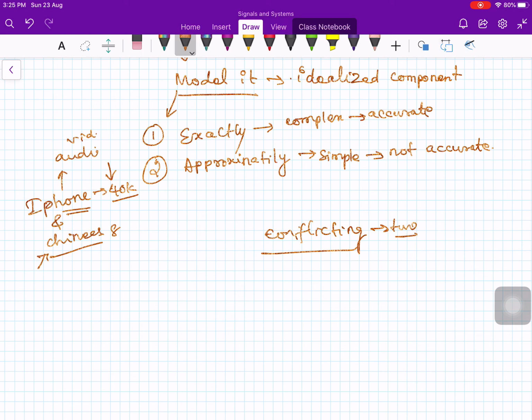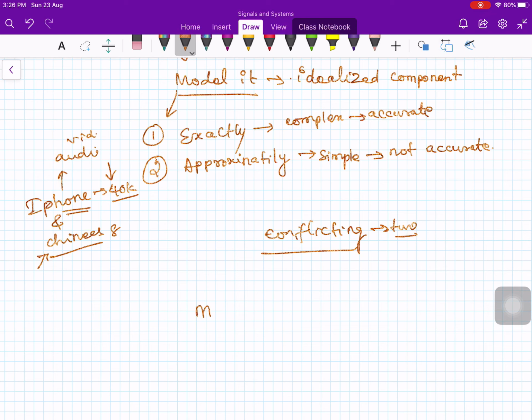On one hand, it should be as complex as possible, so that it will lose as little information about the system as possible. At the same time, it has got to be simple enough to lend itself to convenient mathematical analysis. Now, very often we refer to the model itself as the system, even though we must always keep at the back of our mind that the model is a mathematical representation of a system.